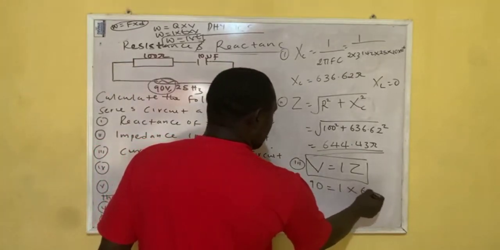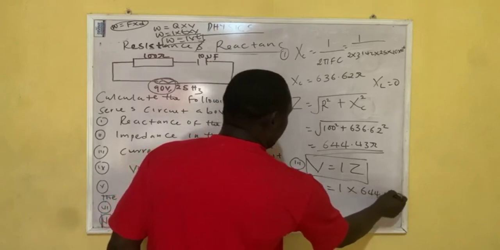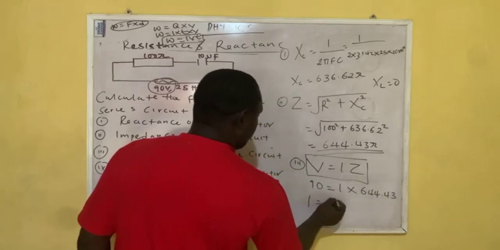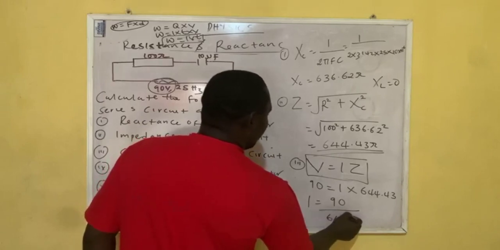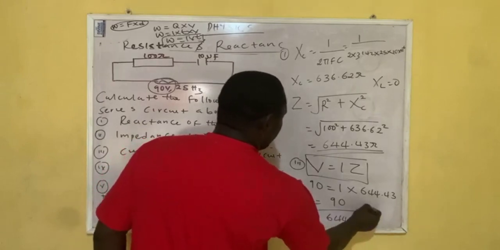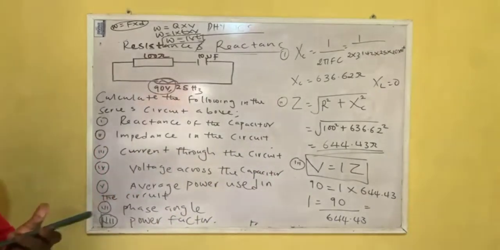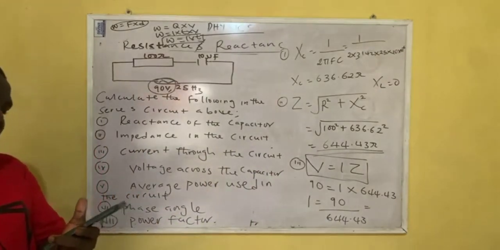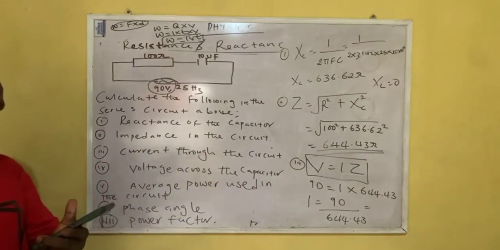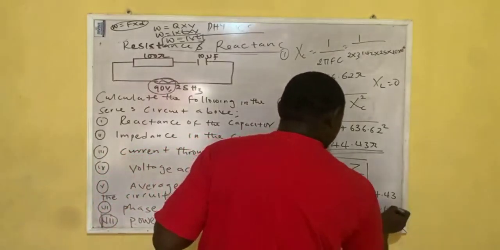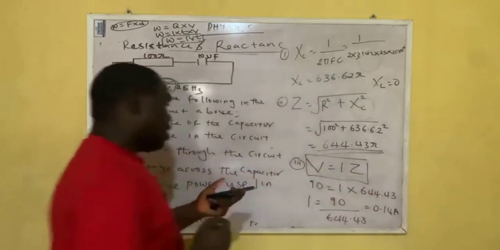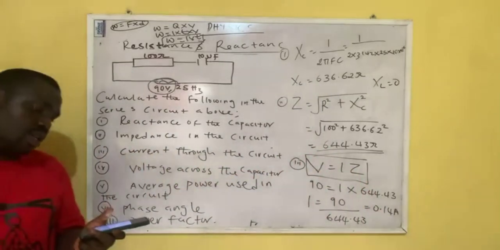Z is known, 64443. So making I the subject of the formula, we divide. All these things are so simple. Let's punch the calculator again: 90 divided by that, so you have 0.14 ampere. So that's for that.